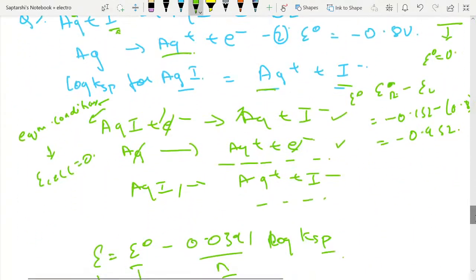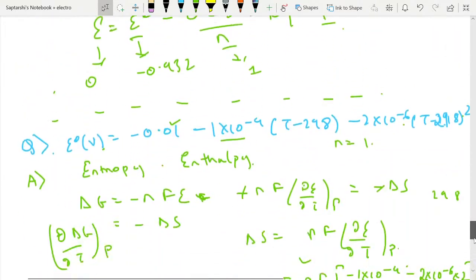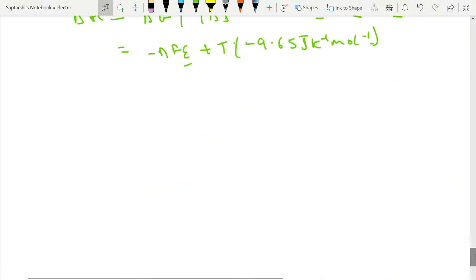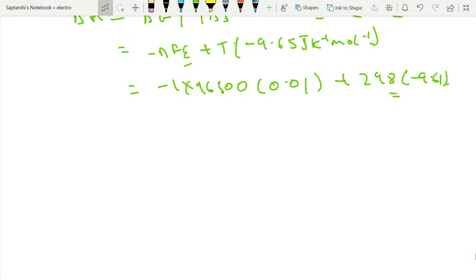Yes, this is our whole E equation. All we need to do is put the T value as 298, so these two terms will get cut, and only the first term will remain, that is 0.01. So we have minus 1 into 96500 into 0.01 plus 298, that is the T value, into minus 9.6, which will give us the value of enthalpy.